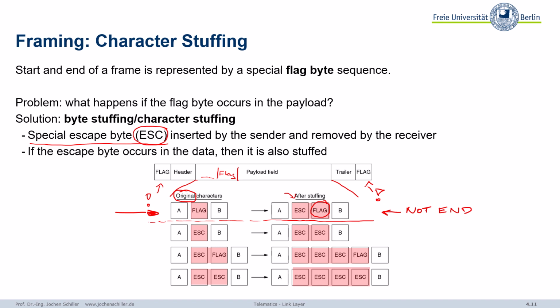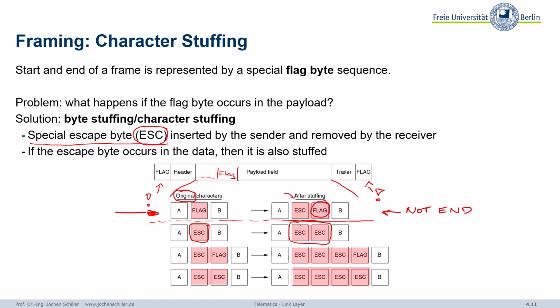What happens if the escape character itself shows up in the payload? Because this could happen. The escape character is also only a certain bit pattern, so it could show up in the payload field. Well then, the rule is quite strict. We stuff it: escape, escape.